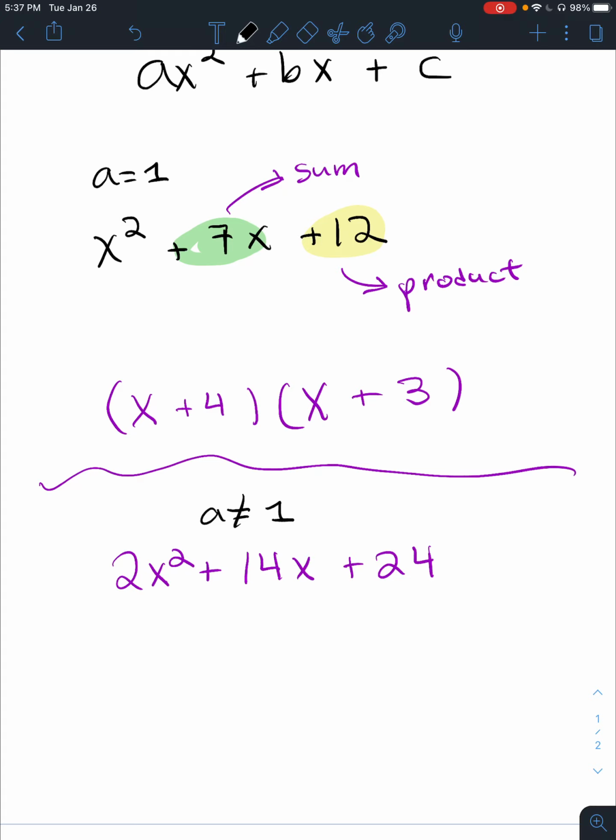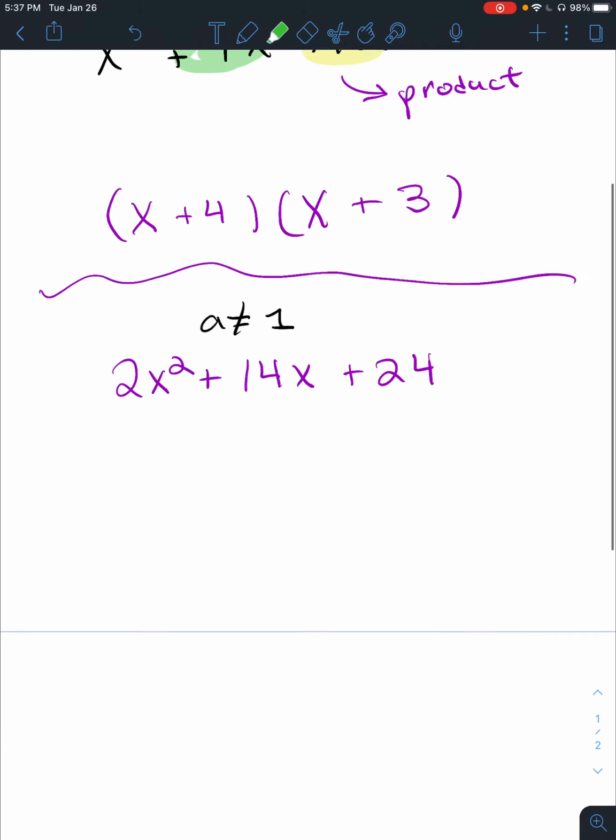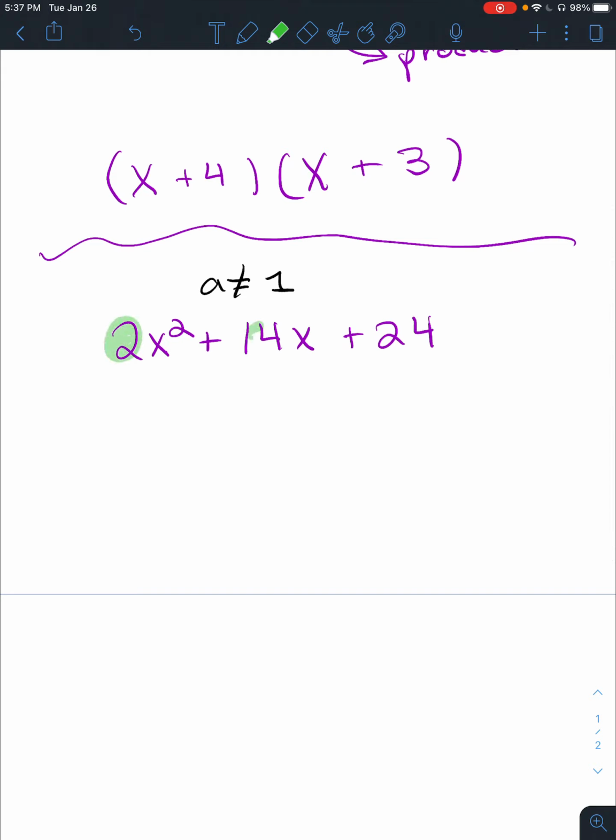This might end up looking like something that we just did if we are able to factor out the a value. When I look at this, I notice that I have 2, 14, and 24, and they're all divisible by 2. So I'm going to factor out a 2, and I end up with x squared plus 7x plus 12.